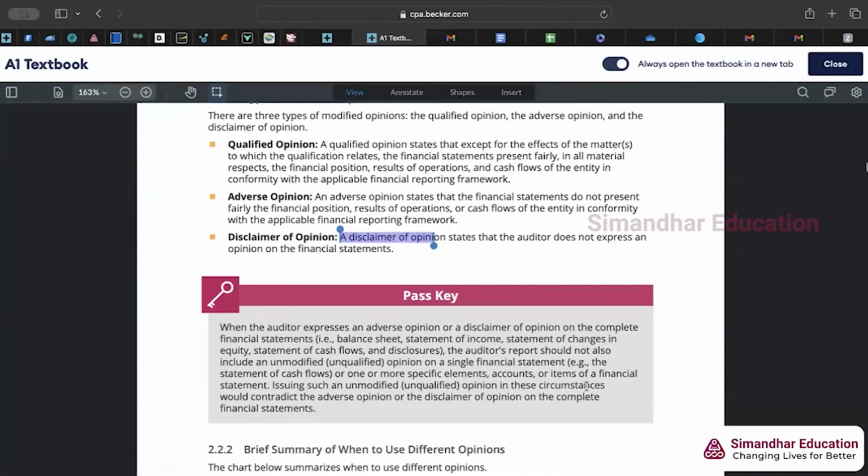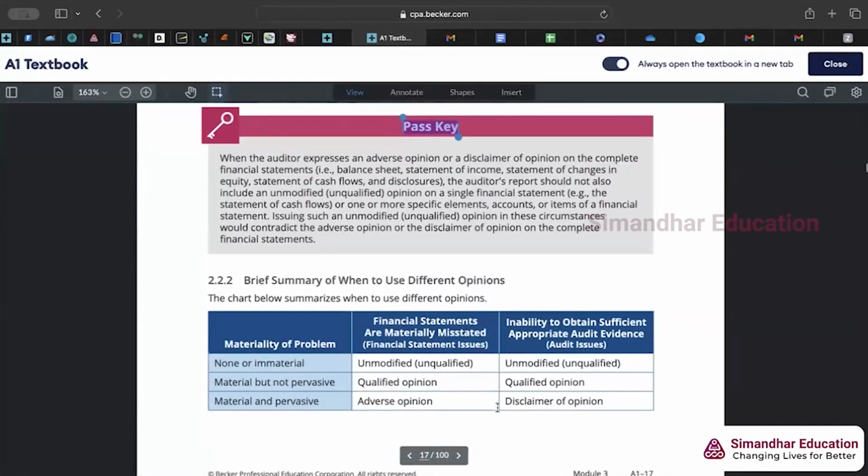You cannot give two different types of opinions in case you're giving adverse or disclaimer. Are we clear? Very, very important pass key. In case you are noting it, please star mark important pass key. Are we clear, everyone? Shall we move on?